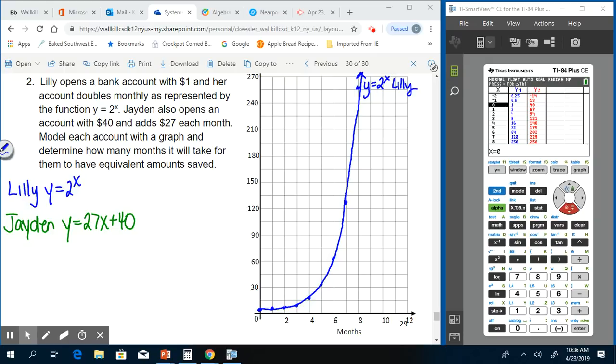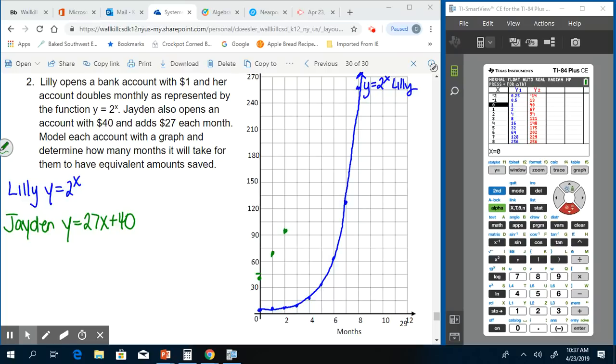Then going to Jaden's, our y-intercept is 40. This is going to be 45, so we're going to be a little bit lower than that. And then 67. Now remember, this is a linear function, so when I'm graphing it, you should see a pattern. It should be linear. So then we have 94.